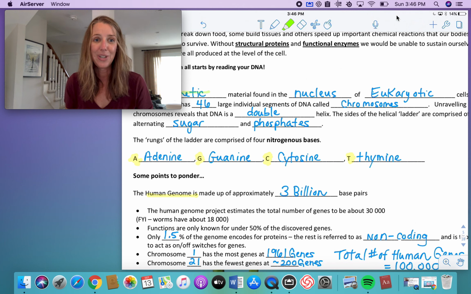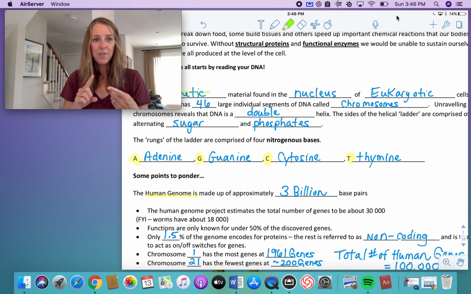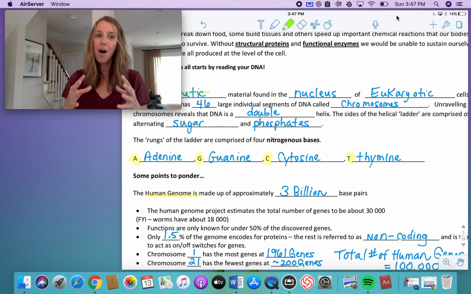That's what this topic really is. Okay, so learning about that structure. And you would remember from our chemistry unit, right, that this is a molecule of life. So it's made up of carbons and hydrogens and oxygens and nitrogens, some phosphorus. All of these different atoms together make a huge complex molecule, and so our DNA is a molecule.